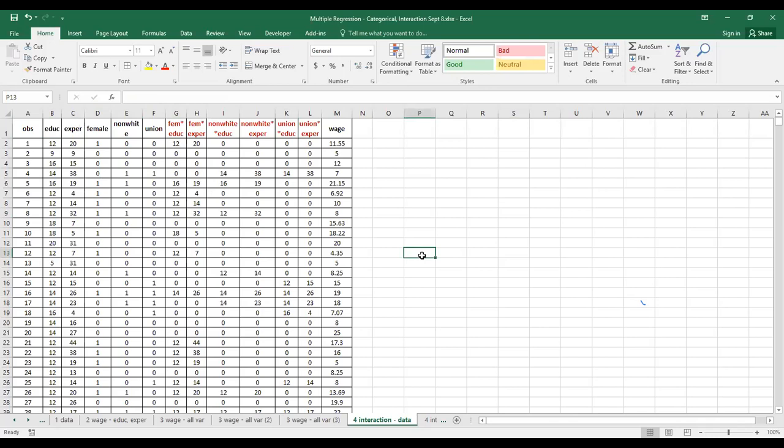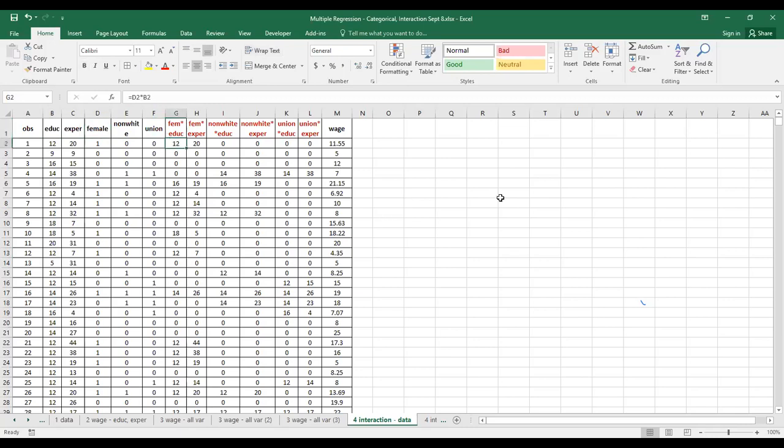With interaction, we combine the effect of two continuous variables, or one continuous and one categorical, or two categorical. In our subject, we will first look at one continuous variable, education, interacted with a categorical variable.